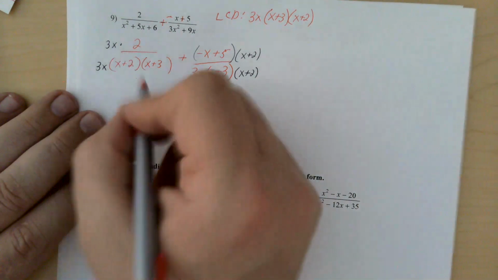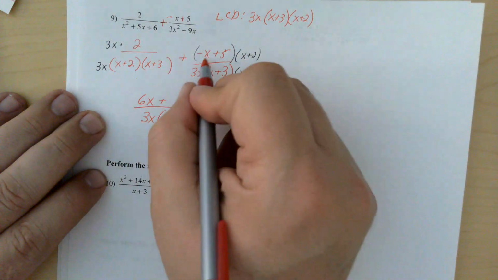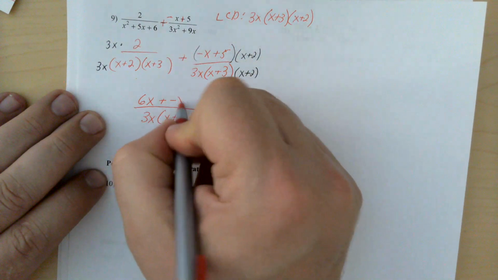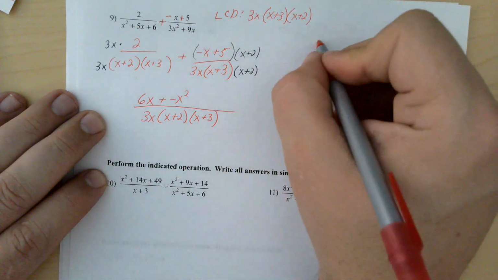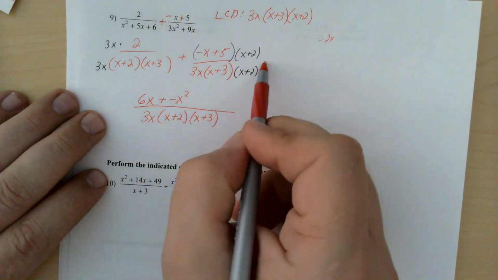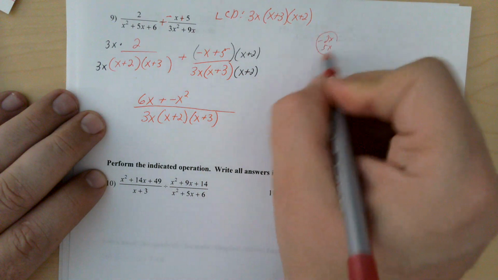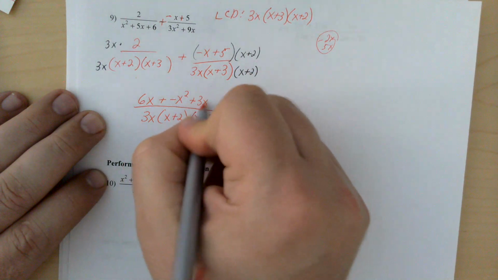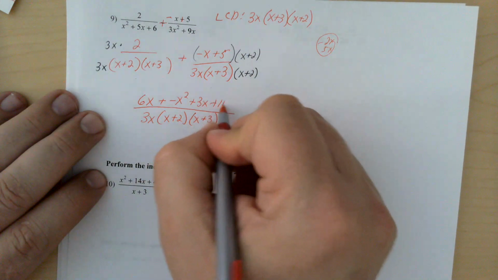Okay, so up top we have a 6x. Over here we're going to have negative x times x, which is negative x squared. My outers is a negative 2x. I'll write that off to the side. So I'll do this in my head. So a negative 2x, and then inside is a 5x. Together, it's a 3x. Okay, and 5 times 2 is 10.